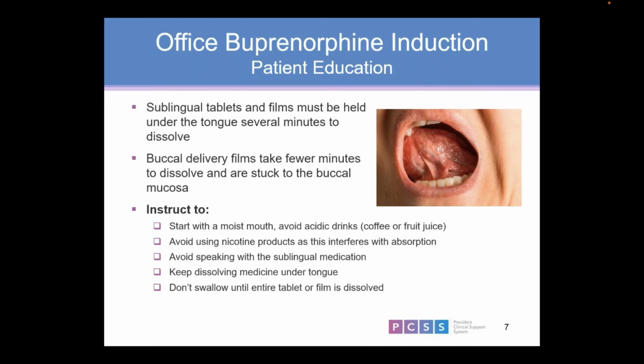I know some will say a half hour to an hour. You could say a lifetime, but it is important to let them know that nicotine will also cause that vasoconstriction and reduce absorption of the medication. Once the medicine's in there, take a few minutes to just allow it to dissolve. Don't talk. Don't drink anything else.